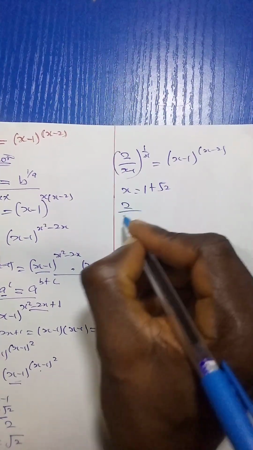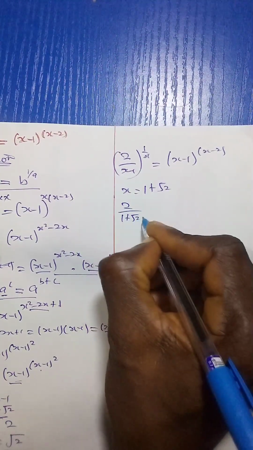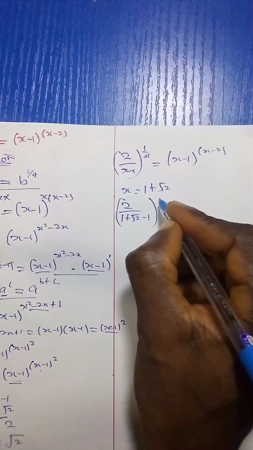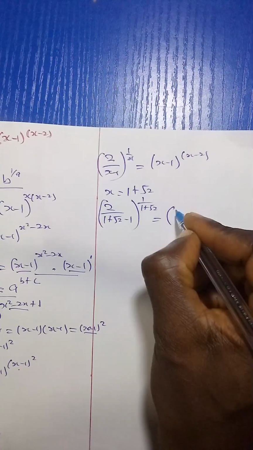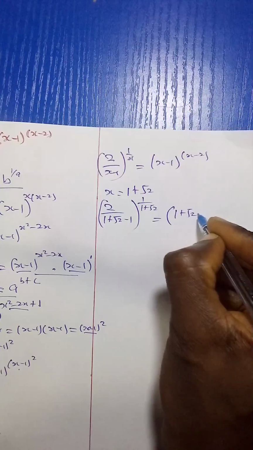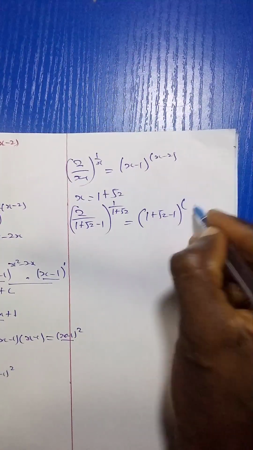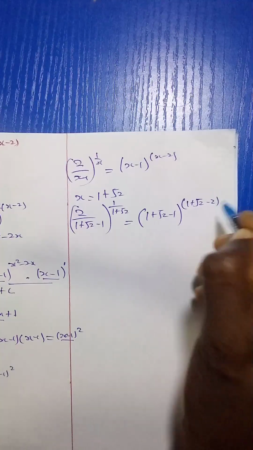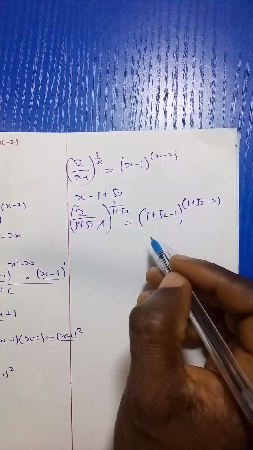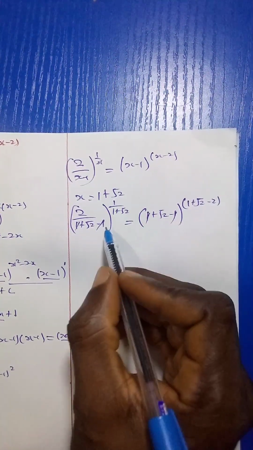So we have 2 over 1 plus root 2 minus 1, raised to power 1 over 1 plus root 2, is equal to 1 plus root 2 minus 1 here. Then we have 1 plus root 2 minus 2. Now this and this will cancel out, as this and this will cancel out.